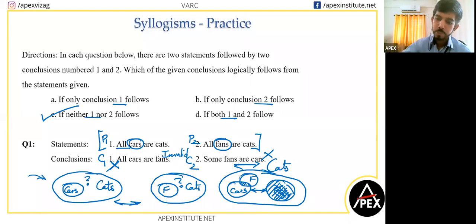Okay, so now I'll give you another new question. Let's continue our practice. Try to draw the premises in the form of your diagram, and once the diagram is ready, try to judge whether the conclusion fits or doesn't fit.